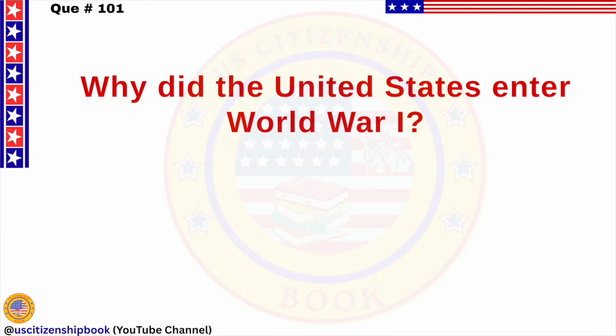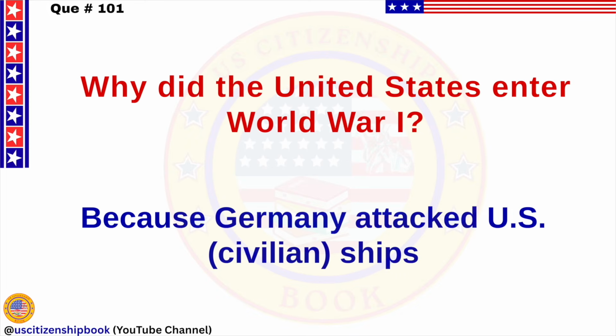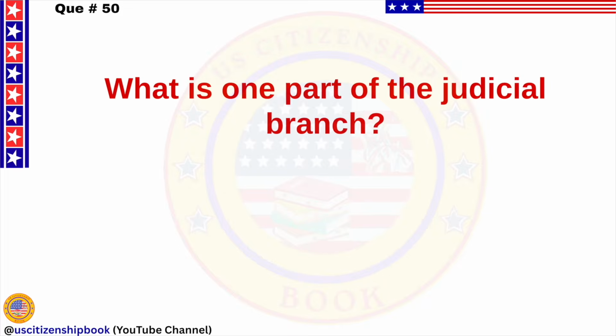Why did the United States enter World War I? Because Germany attacked U.S. civilian ships. What is one part of the judicial branch?